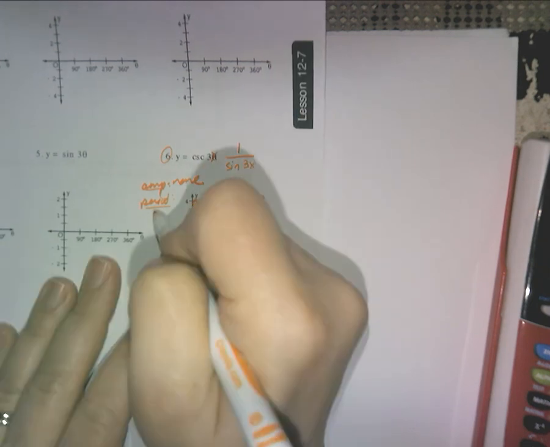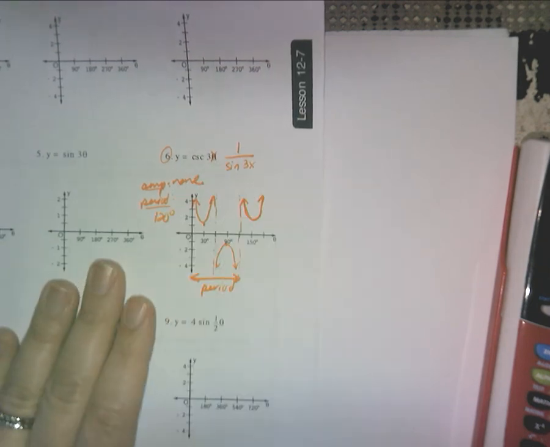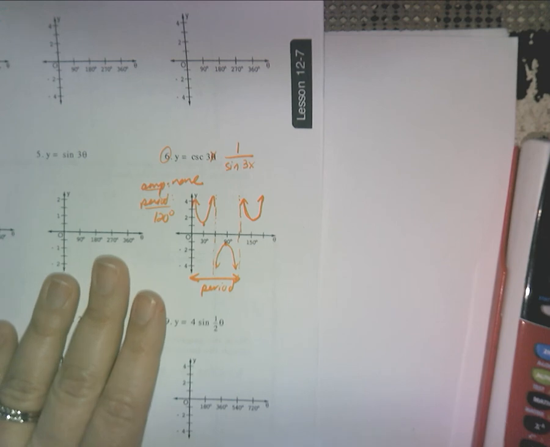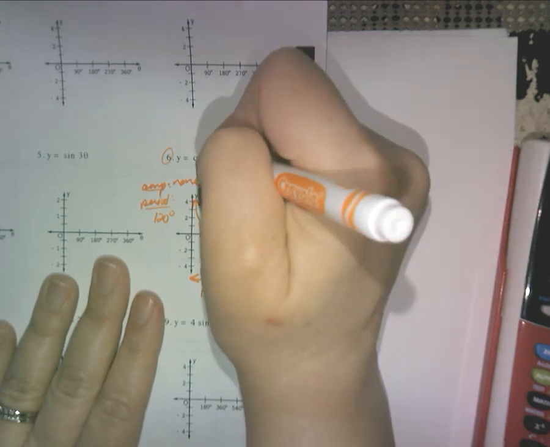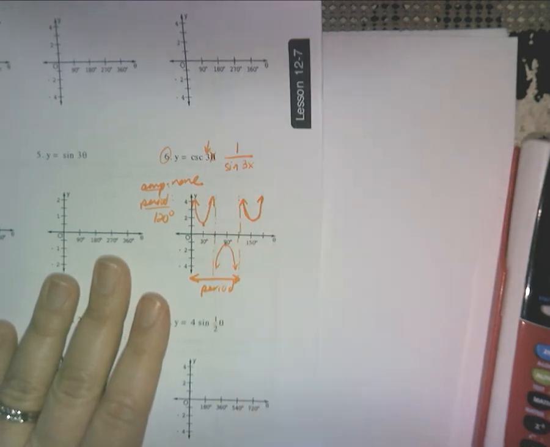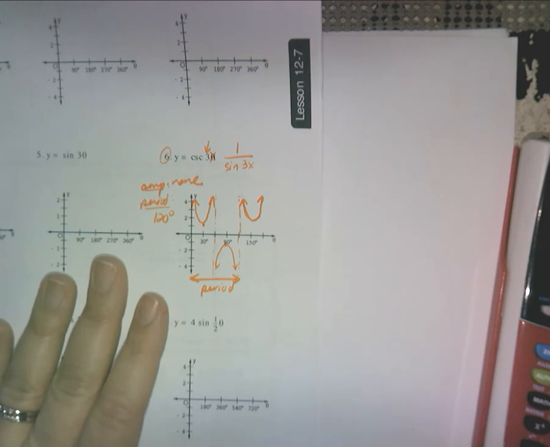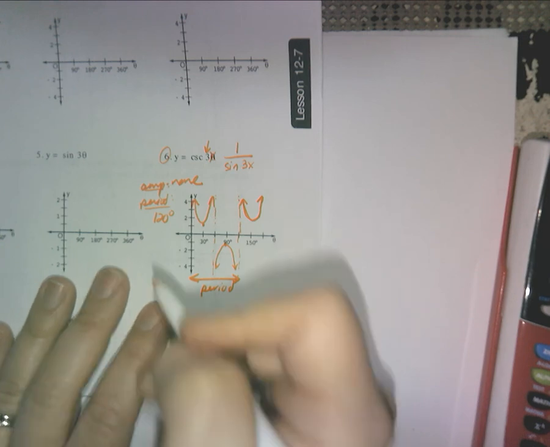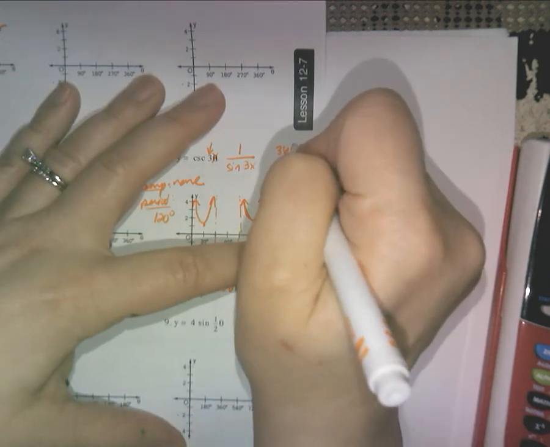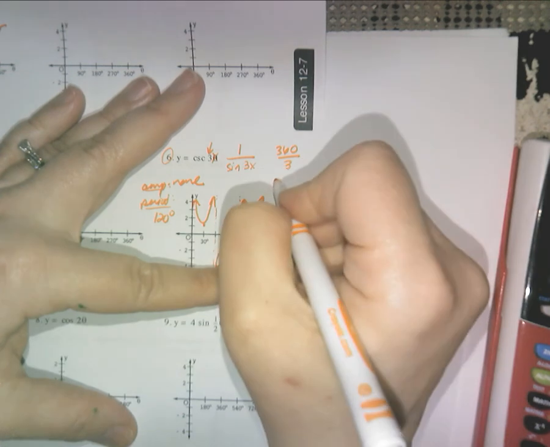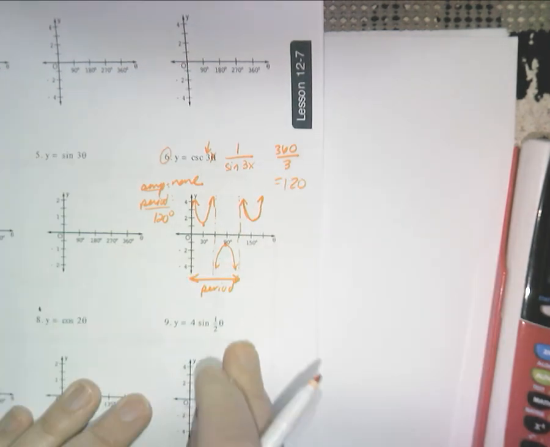120. Where are they getting this from? Well, this is what we're going to learn tomorrow, but I'll give you the hint. The number in front of x, if it's cosine or sine or cosecant or secant, you divide 360 by that number. Since 360 is one period, 360 divided by 3 is 120.